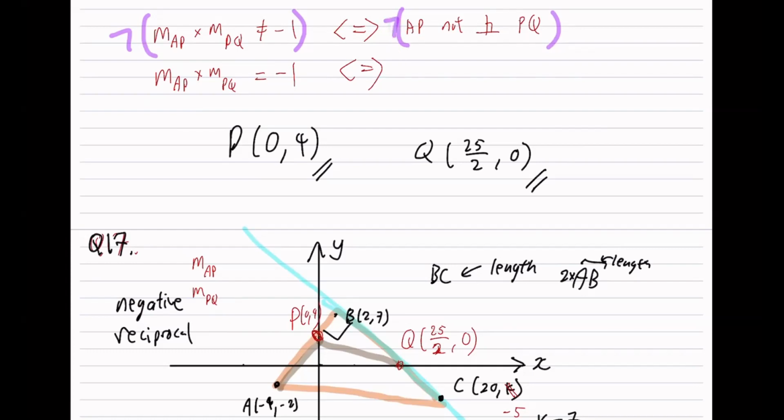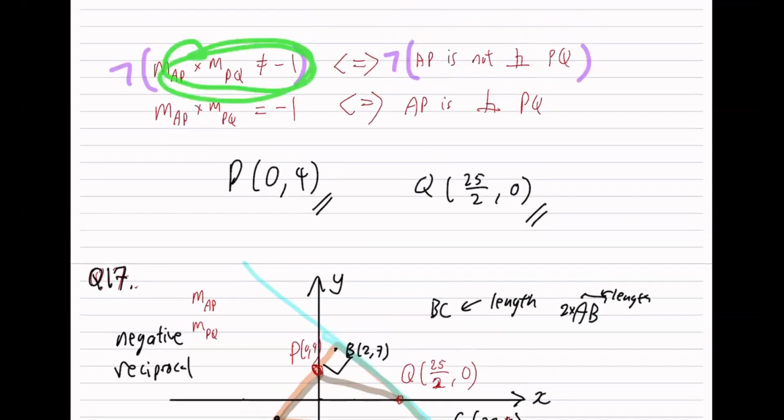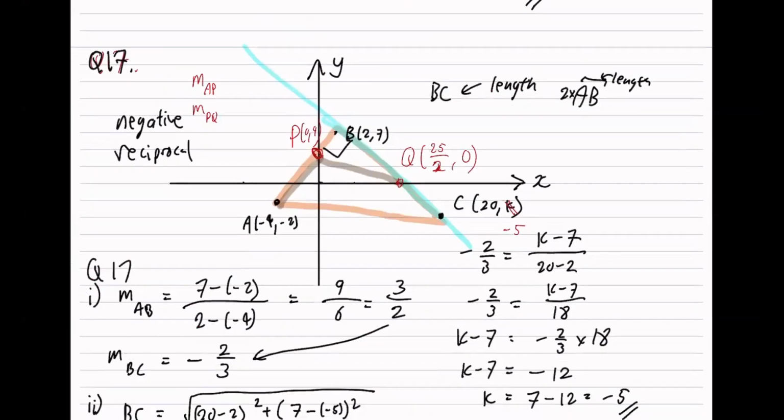So the opposite of not is, it is perpendicular to PQ. Does that make sense? Yeah, it's just a funny notation to describe true and false logic. Not equal becomes equal, not becomes is. Anyway, that's what we're going to show. Eventually, this product is not equal to -1, therefore the conclusion is AP is not perpendicular. Okay, so let's proceed.